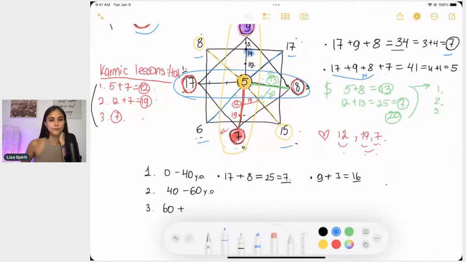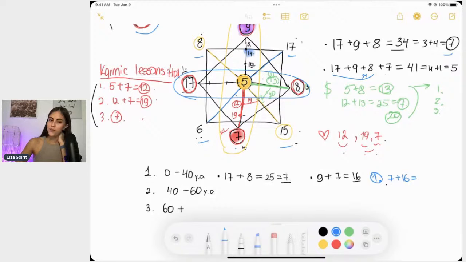Now, in order to get our destiny number, our main mission until the age of 40, we need to combine both of them, to sum both of them. 7 plus 16.